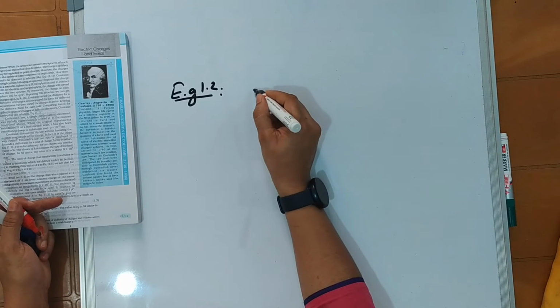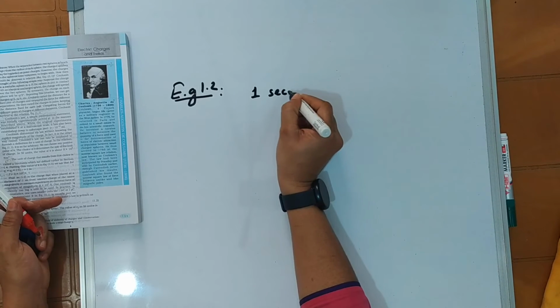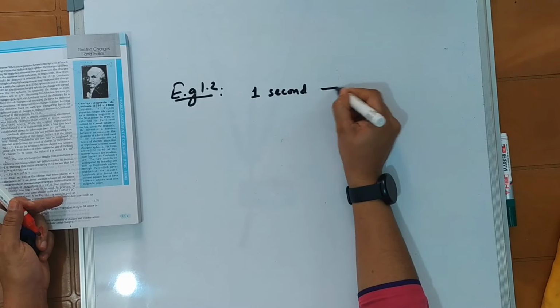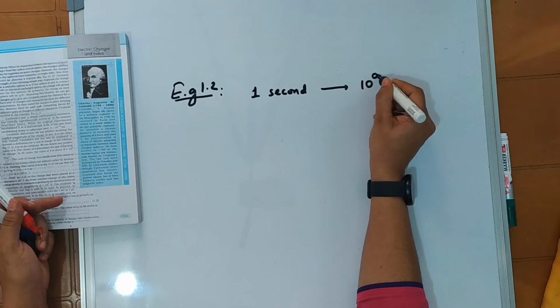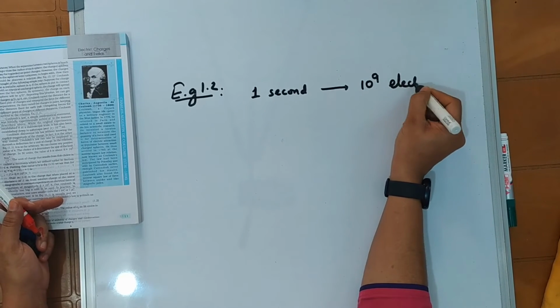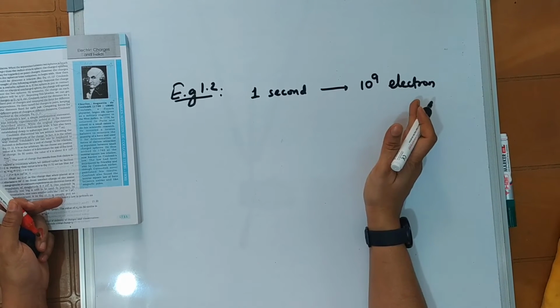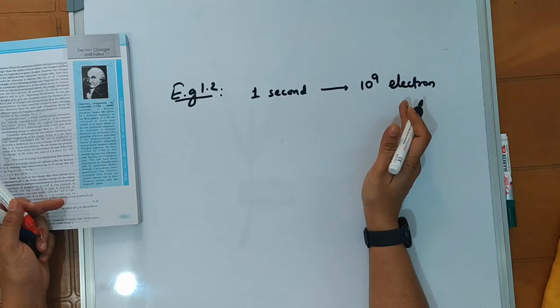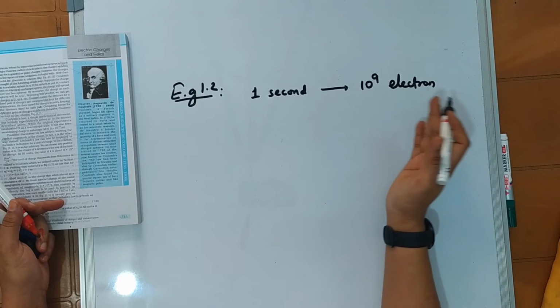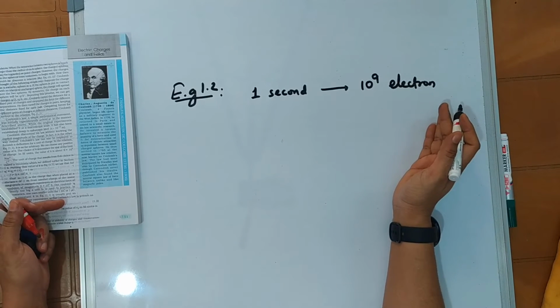They say in 1 second, approximately 10 to the power 9 electrons move from one body to the other. Then how much time will it take to charge the other body with 1 coulomb?